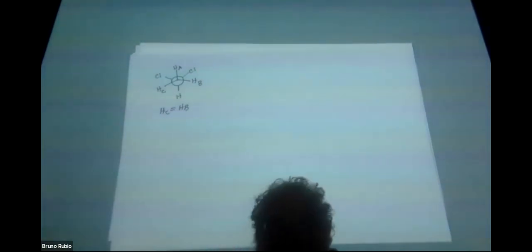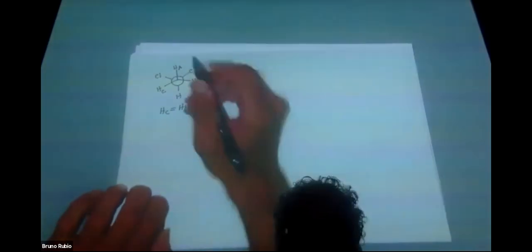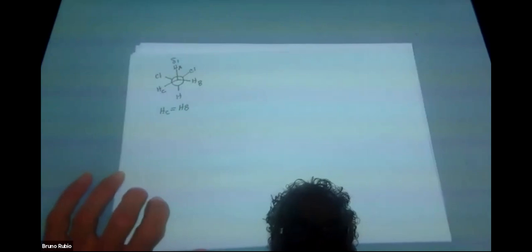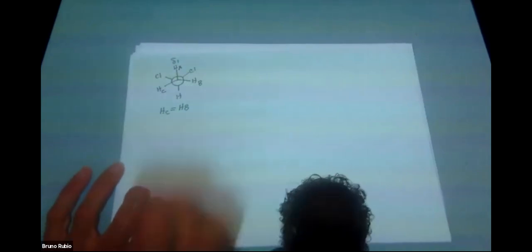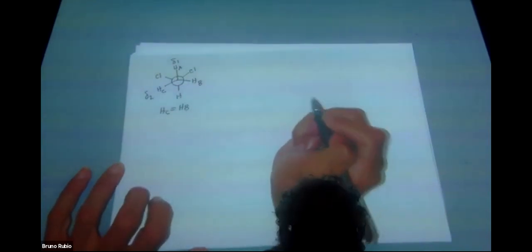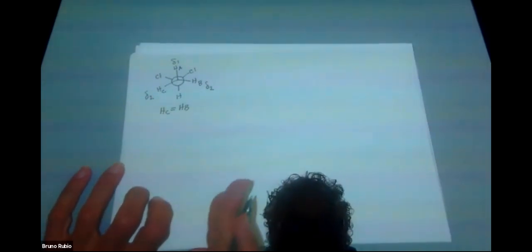Okay, so this is going to give me 2 signals, and it's going to give me 2 different chemical shifts. So I'm going to call the chemical shift of HA delta 1. That's his chemical shift. And HC has the chemical shift of delta 2, and the chemical shift of HB is also delta 2. They're equivalent by symmetry.